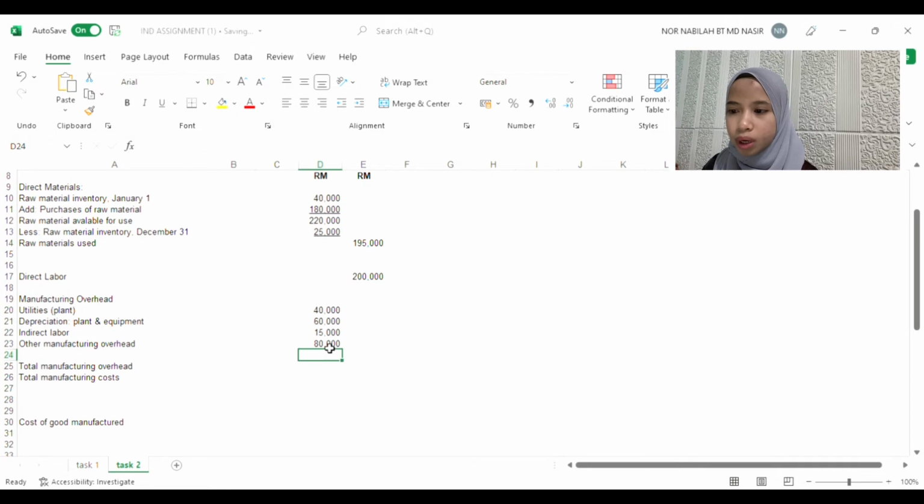Other manufacturing overhead is 80,000, and then we add all the amounts for manufacturing overhead.